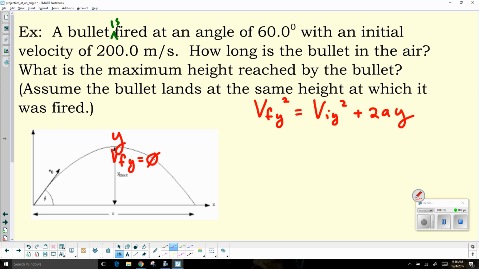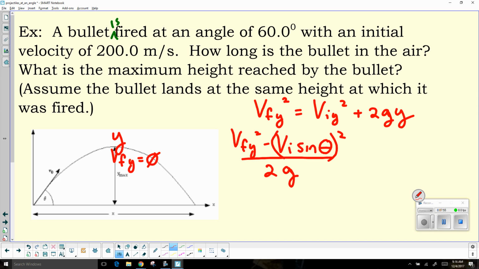So rearranging this, it turns into vfy squared minus vi sine theta quantity squared, that's the y component of my velocity, all divided by 2 times a, which is actually gravity. Change that to gravity, equals y.